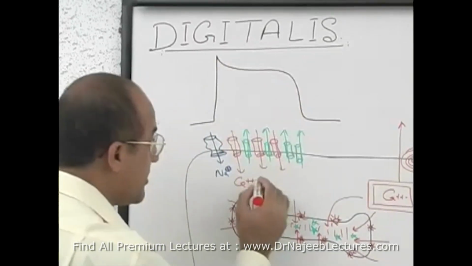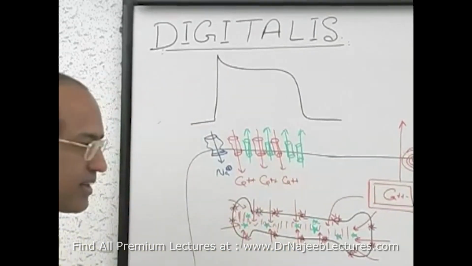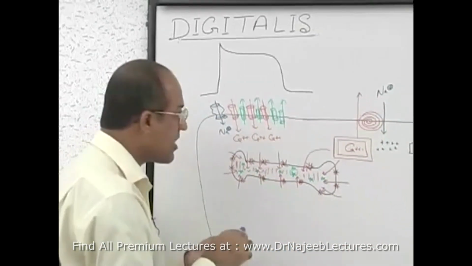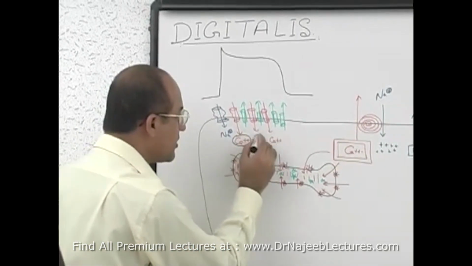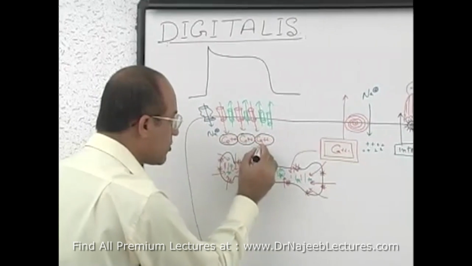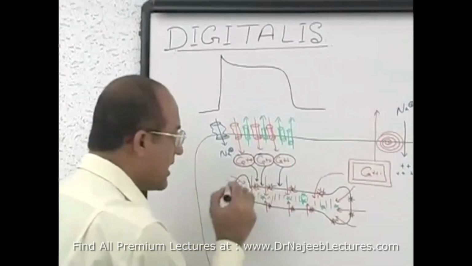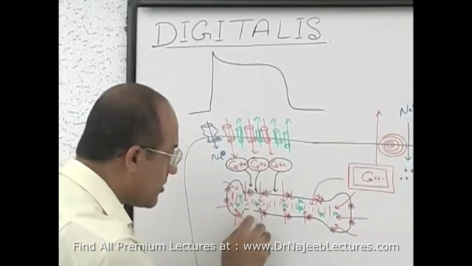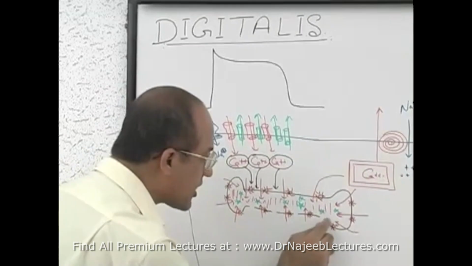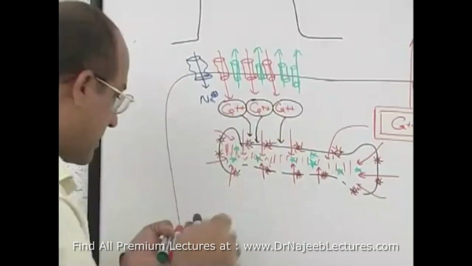So during the plateau phase of the action potential, extracellular calcium comes in, and this extracellular calcium acts as the trigger calcium. This calcium acts on what? The sarcoplasmic reticulum. And when it acts on the sarcoplasmic reticulum, then calcium releasing channels will be opened in the sarcoplasmic reticulum. This is called triggered calcium.